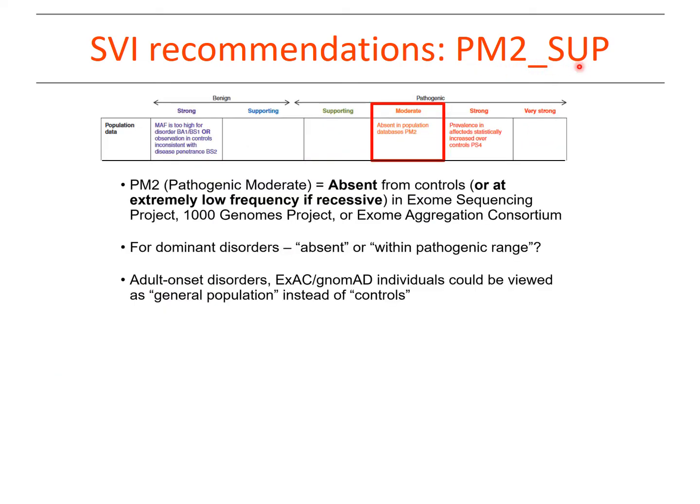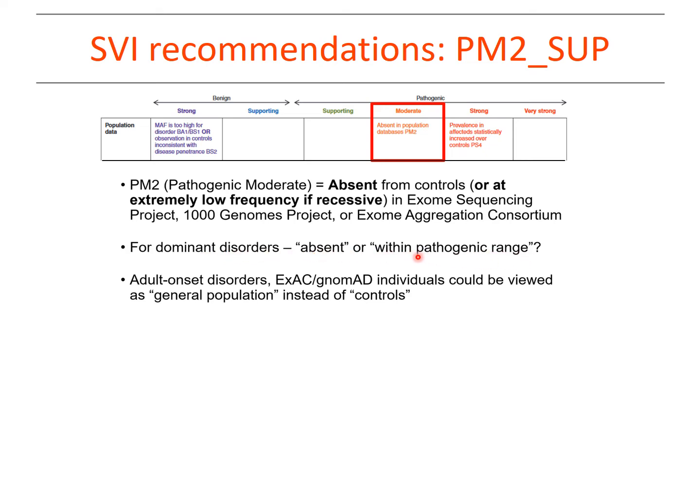Okay. A second recommendation from the SVI came about the wording. So the standard original text was absent in population databases. But is absent really, should it be for dominant disorders absent, or should it be within the pathogenic range?